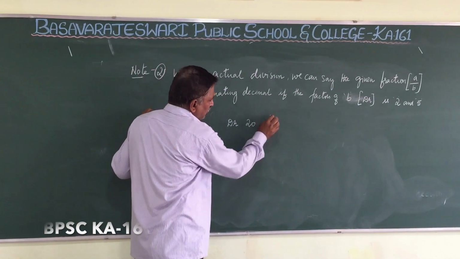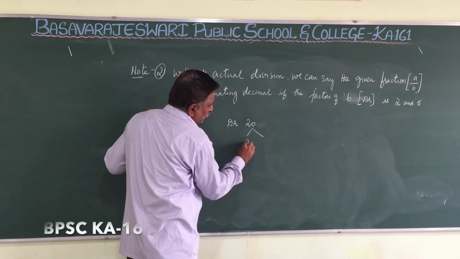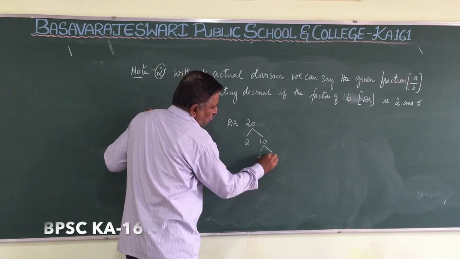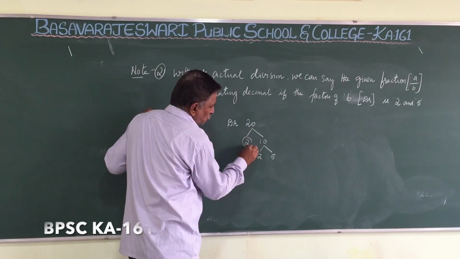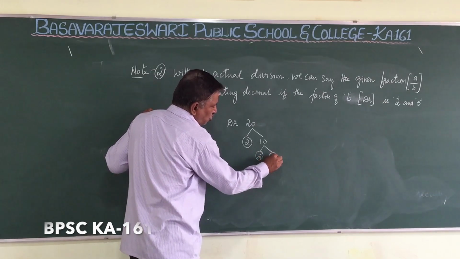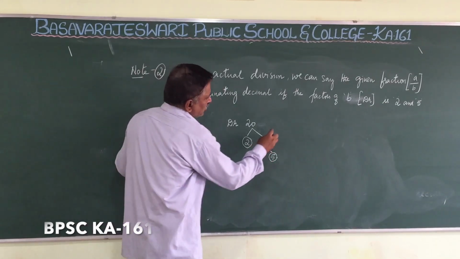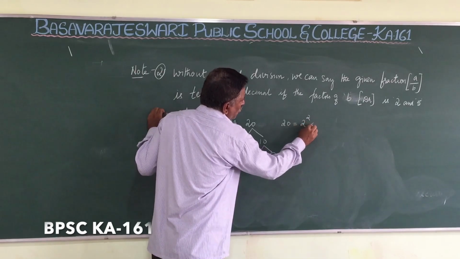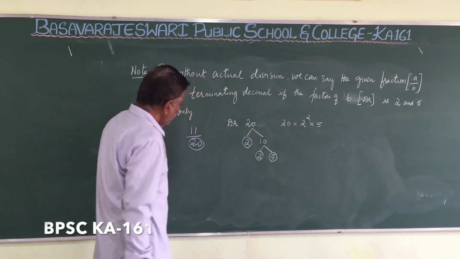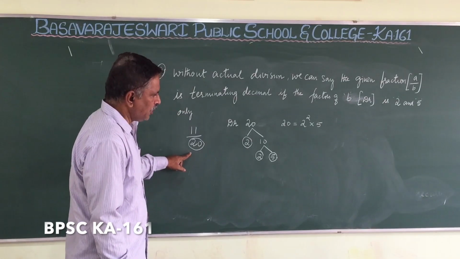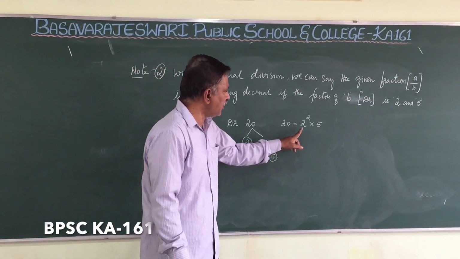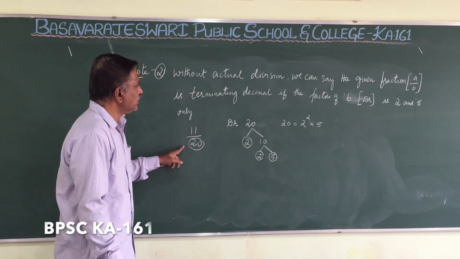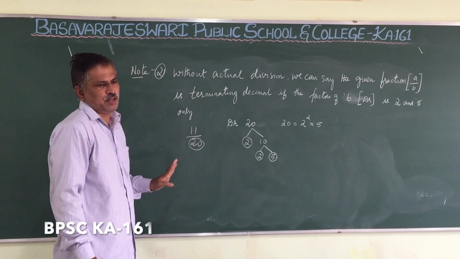What are the prime factors of 20? 20 can be written as 2 times 10. 10 can be written as 2 times 5. So 2, 2, 5. Therefore the factors of 20 are 2 to the power of 2 into 5. Here the denominator is 20 and the factors of the denominator are 2 and 5. So this fraction is a terminating decimal.